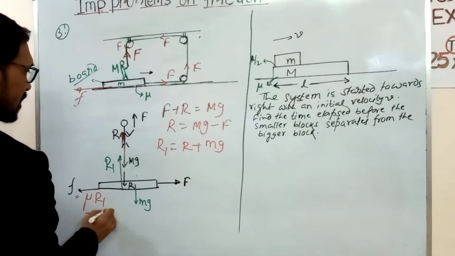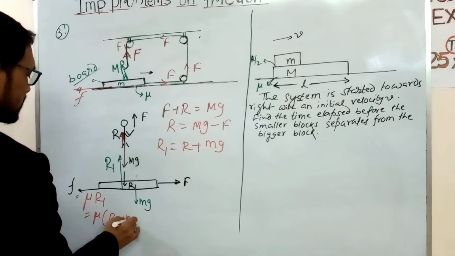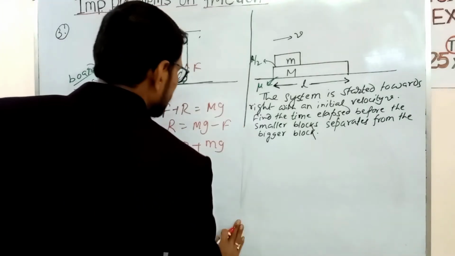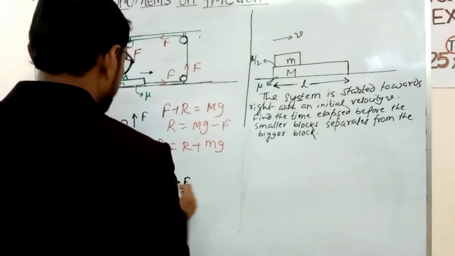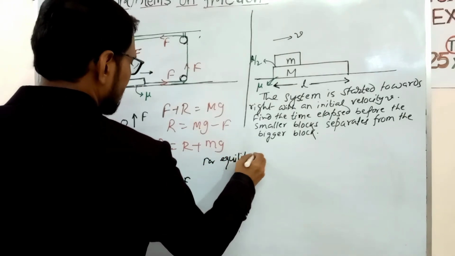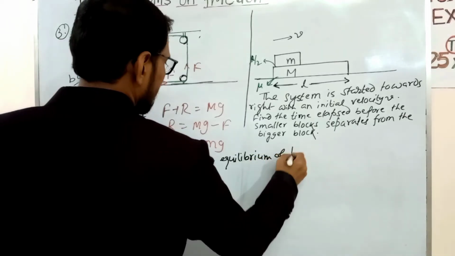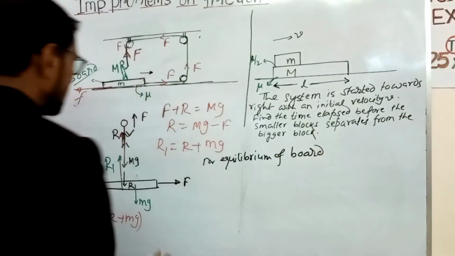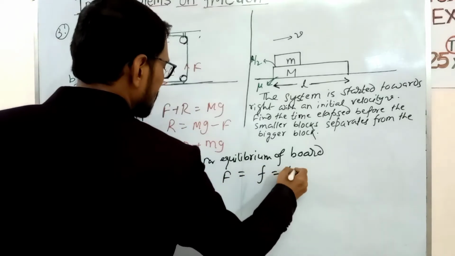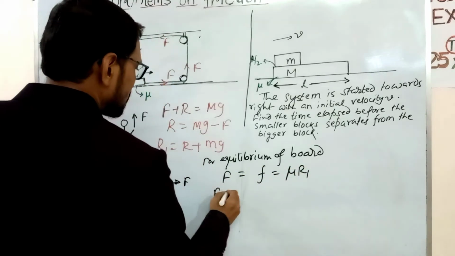That is mu into R1, meaning mu into R plus mg. So this is the friction, this is the force. Now for equilibrium of the board, F acts in this direction, and F equals the friction force, which equals mu R1. F equals mu into R1.